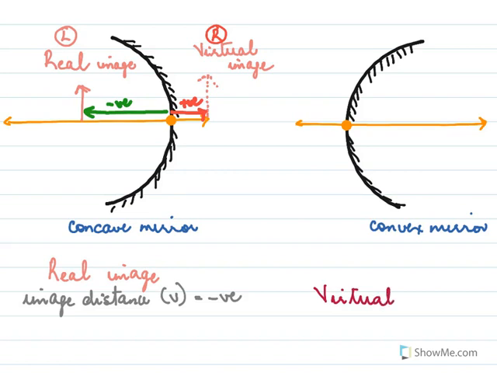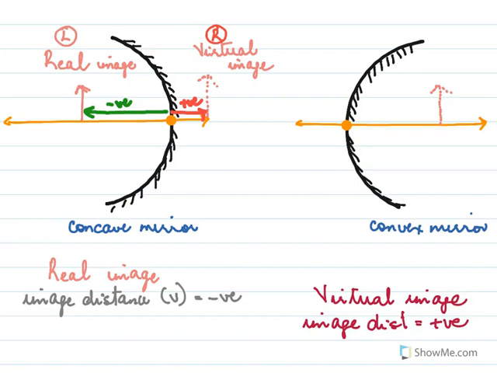So for a virtual image, the image distance is always positive. Even when we come to the next case, in a convex mirror, the virtual image is always formed behind the mirror.